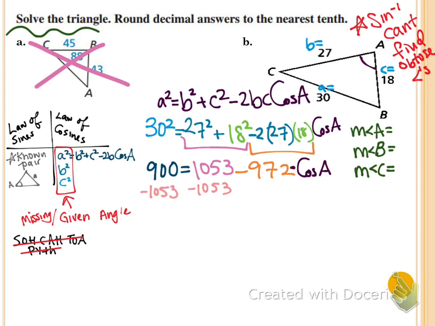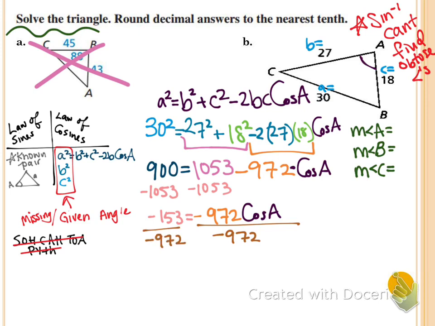The thing that I'm seeing the most is students make mistakes on forgetting about negatives and positives. It will drastically change your answer, unfortunately, if you don't either keep the negative, like in this case, we're going to divide by negative 972. You and I both know a negative divided by negative makes a positive, and it will change what we type into our calculator.